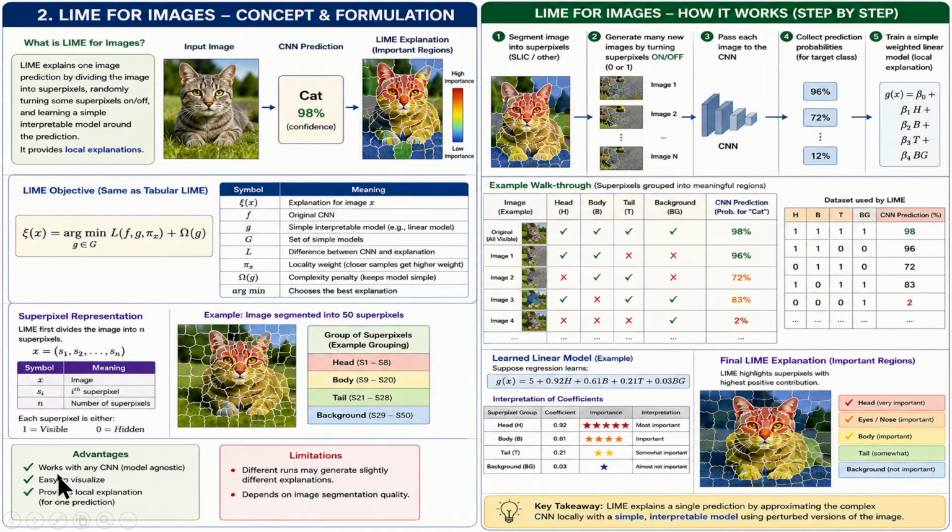The advantage is that LIME works with any CNN, as LIME is model agnostic. It can work with any type of CNN model. It is easy to visualize. It provides local explanations. The limitation is that different runs may generate slightly different explanations.